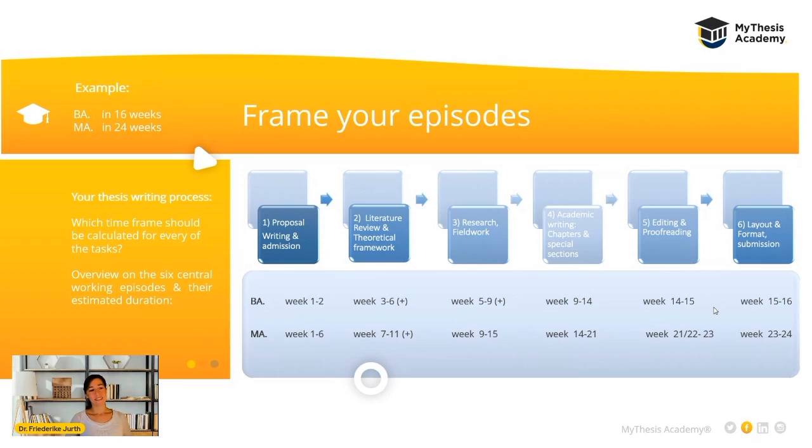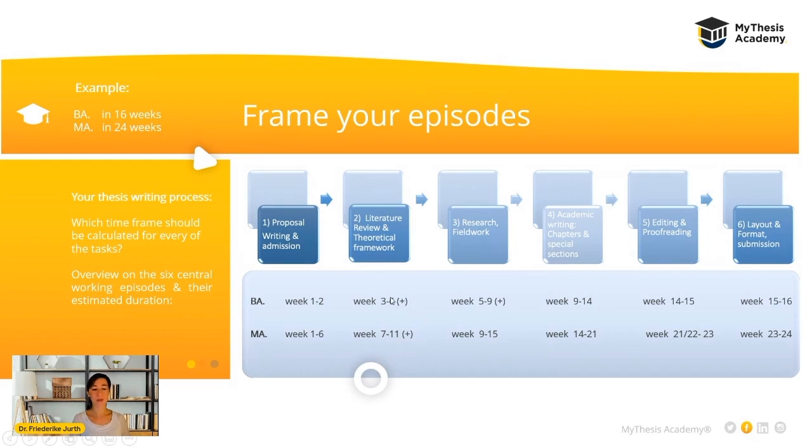Let's take the example of a bachelor thesis that you write in 4, or well, 4 to 5 months, and the master thesis in about 5 to 6 months, as an example. Before we start, I would also like to show you some little details that I added here, like, for example, the plus.